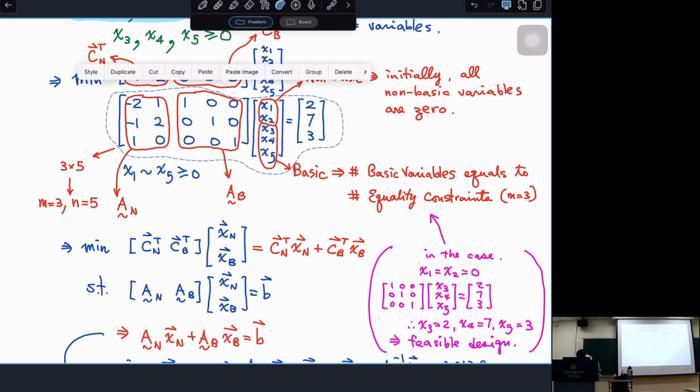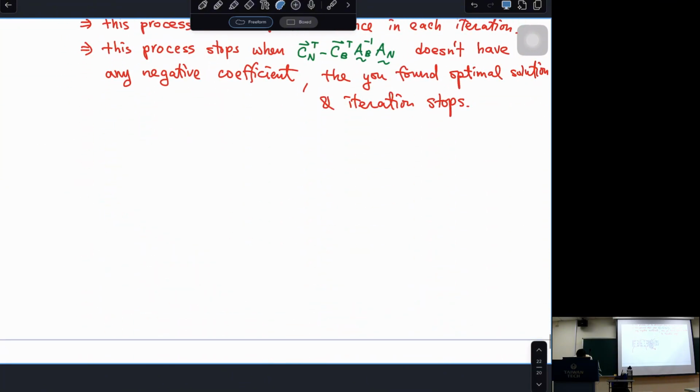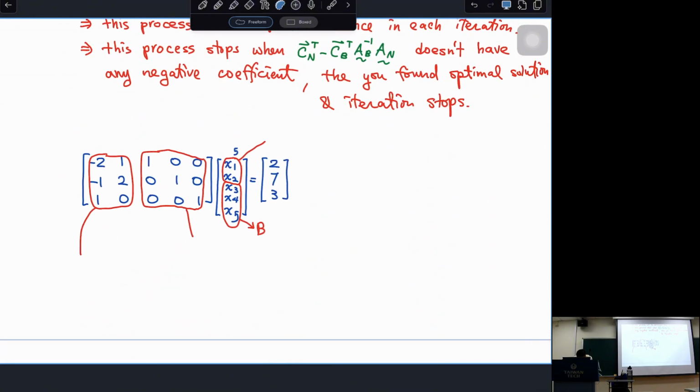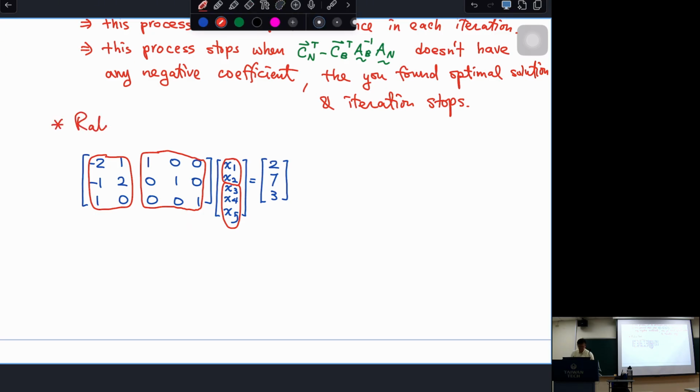So this is the second part. Second part is called the ratio test. Okay, so here, this is your A non-basic, this is your A basic, this is your X non-basic, X basic, right? And this guy is B.